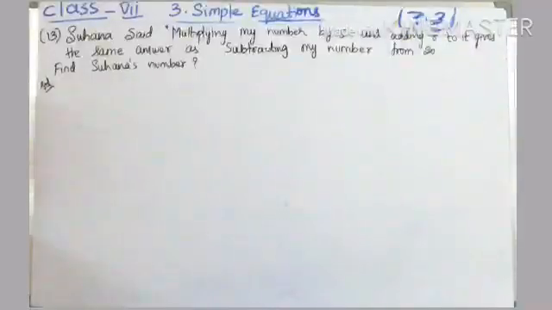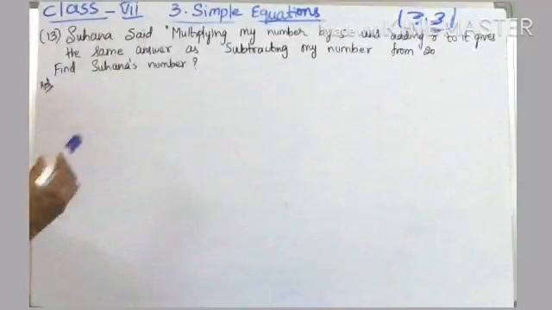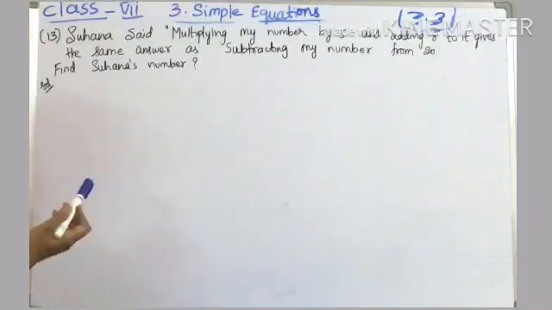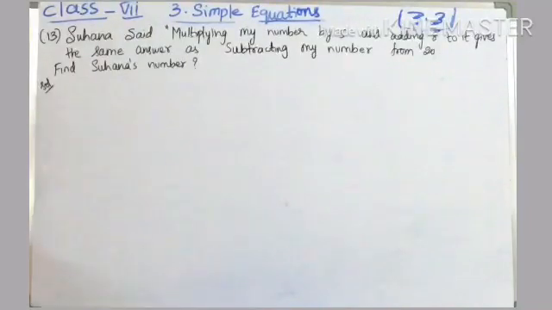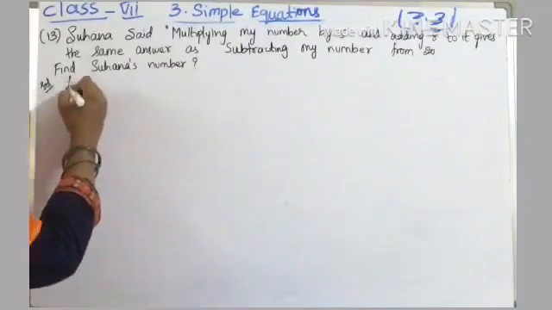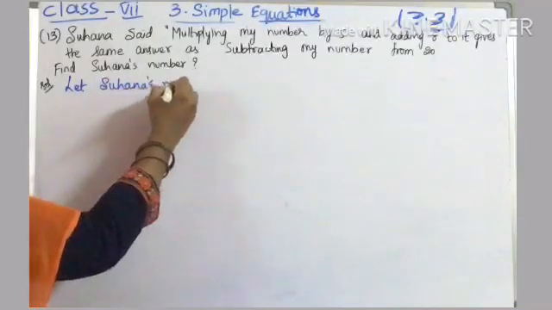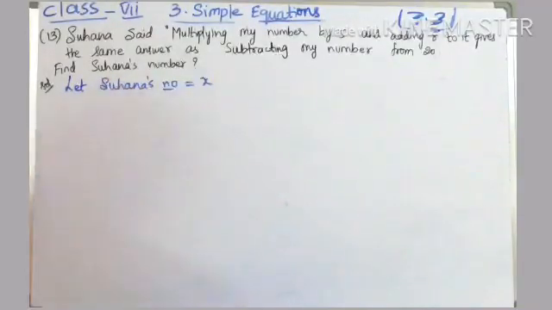In the next sum, Suhana said, multiplying my number by 5 and adding 8 to it gives the same number as subtracting my number from 20. Find Suhana's number. So here let Suhana's number equal x.